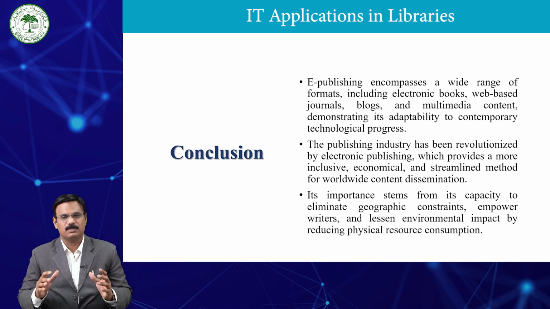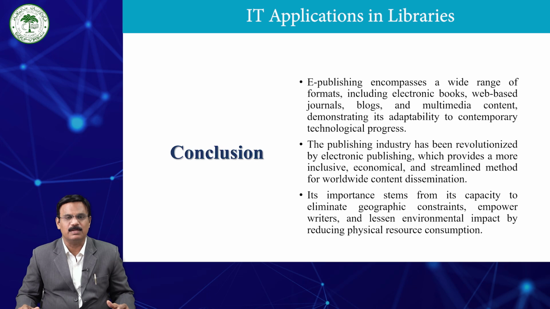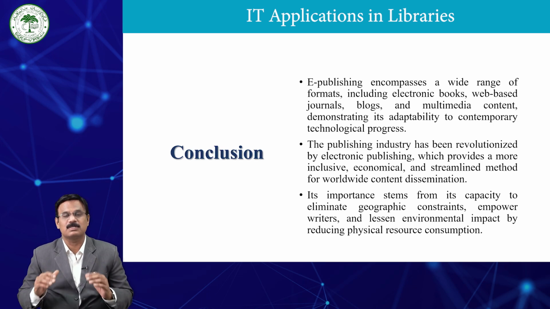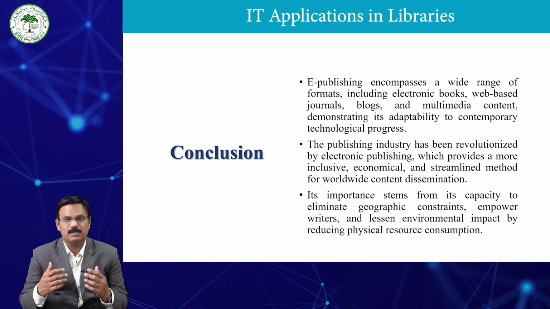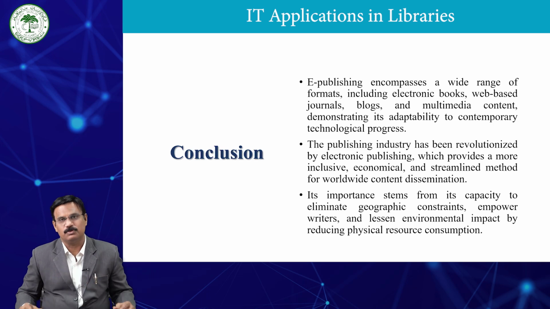Its importance stems from its capacity to eliminate geographic constraints, empower writers, and lessen environmental impact by reducing physical resource consumption. As digital content becomes increasingly popular, e-publishing will continue to play a vital role in content delivery, influencing the trajectory of literature, education, and communication in the future.